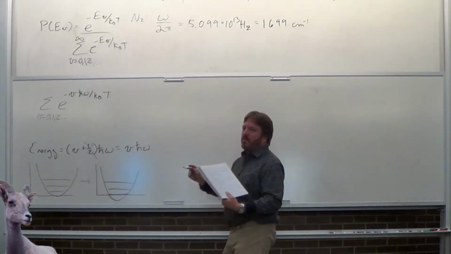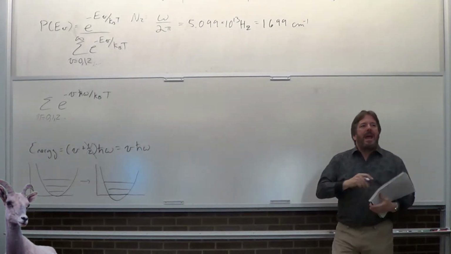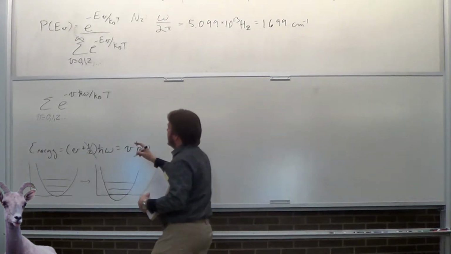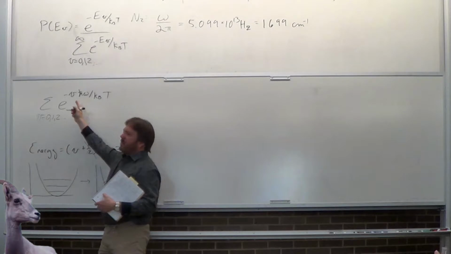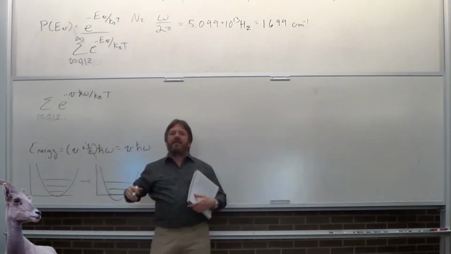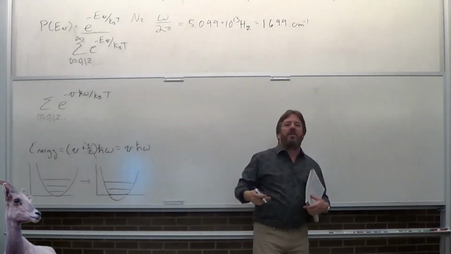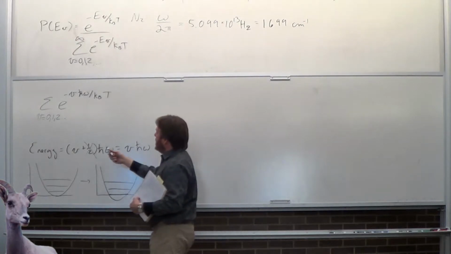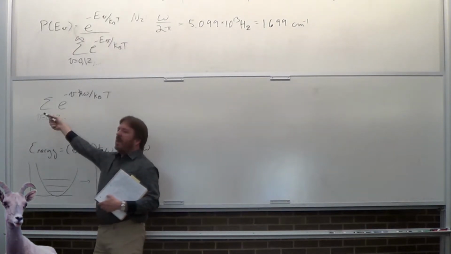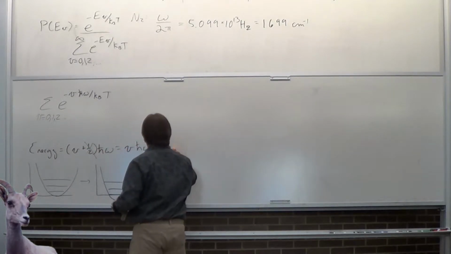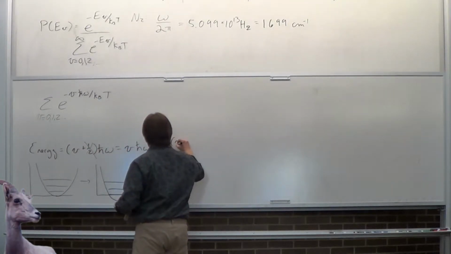Now here's another reason why I can get away with this. Let's say I just didn't do this, because I feel like what I'm saying right now is too confusing. Let me write this down.